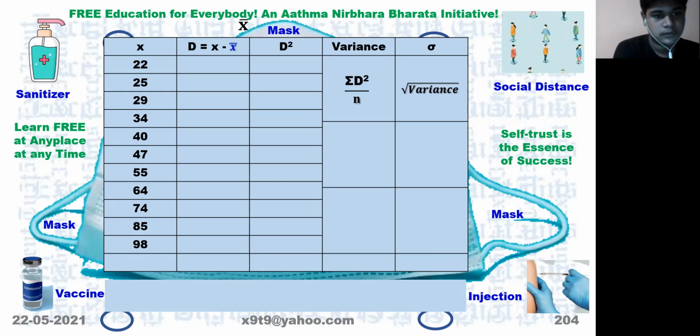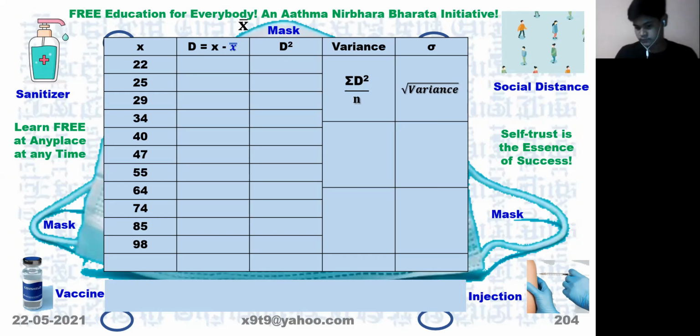From the top it is 22, 25, 29, 34, 40, 47, 55, 64, 74, 85, and 98. Now you add all of them and write the sum at the bottom. That becomes our sigma X.